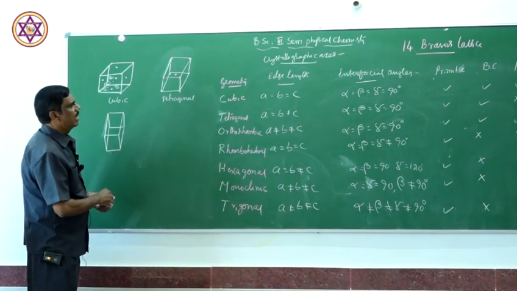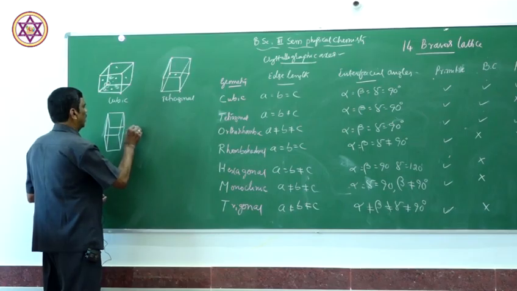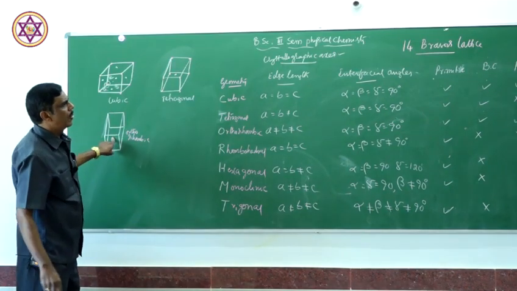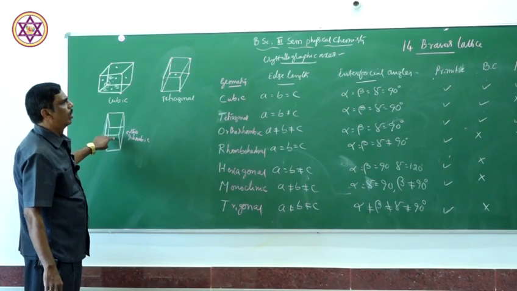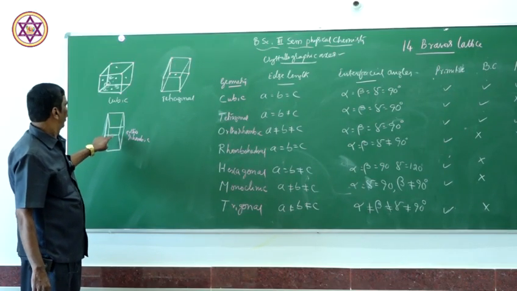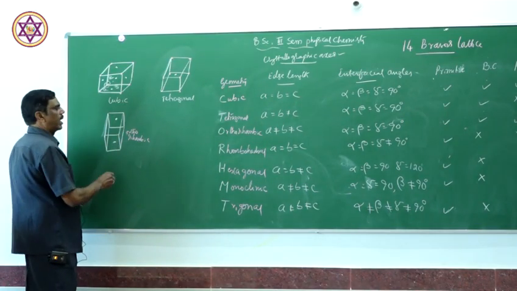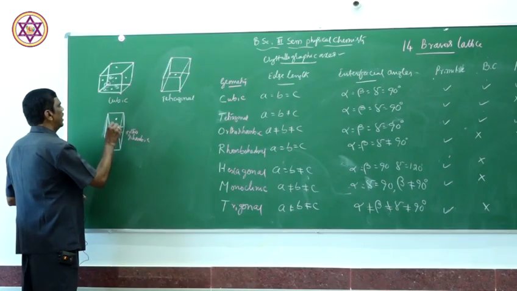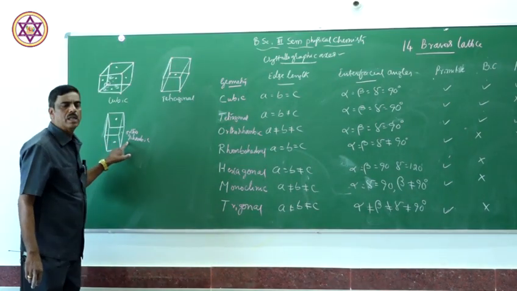So, this is orthorhombic. In this orthorhombic, we have all the 4 types: primitive, body centered, face centered and edge centered. Edge centered means that at the edges atoms are there, apart from body centered and face centered. All the 4 types are there in case of orthorhombic.